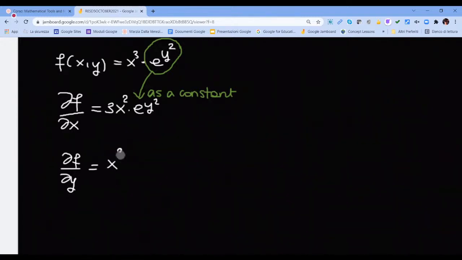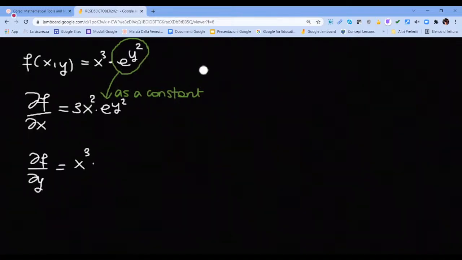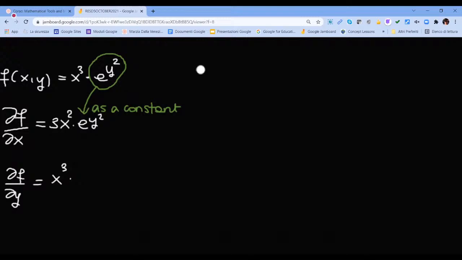So we multiply x cubed times the derivative of this exponential function. As you know, the argument of the exponential function is its exponent.